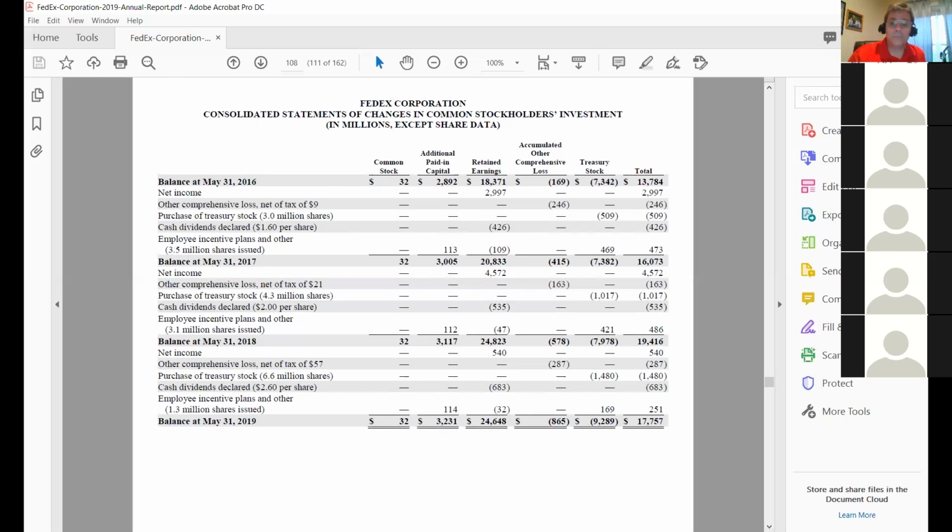Why does the employee incentive go in all three places? The APIC, the retained earnings, and the treasury stock? Because there's more than one thing happening here. You notice it says incentive plans and other.